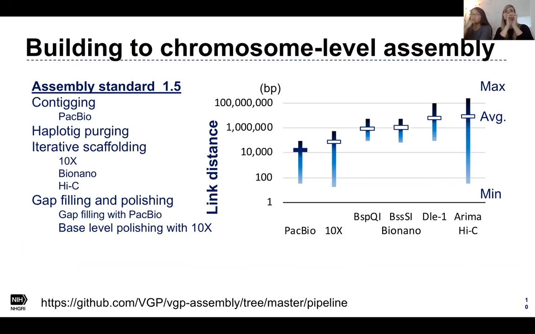So here, the default parameters are chosen to get the maximum contiguity. So it does not mean that it gives you everything that's in your genome. We have recently found that some parts of the genome could get missed because of those short reads.